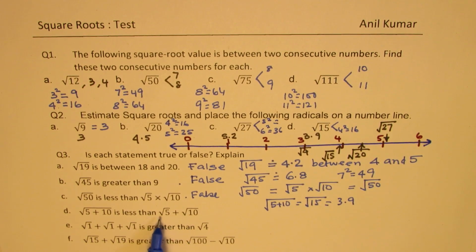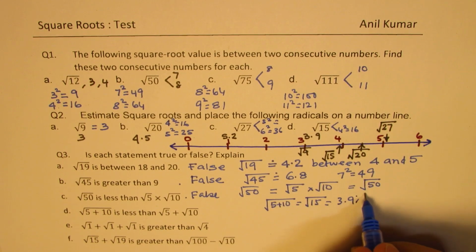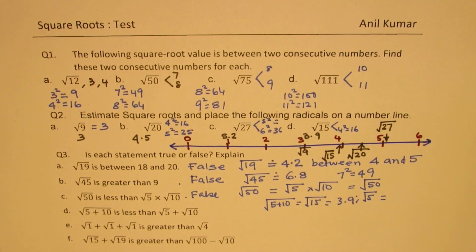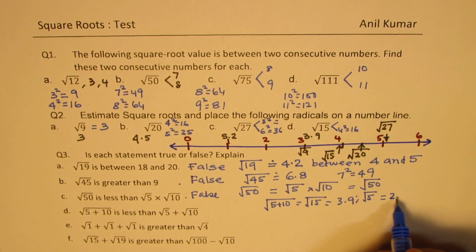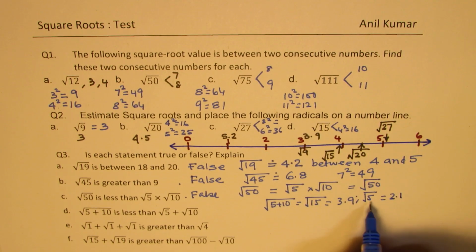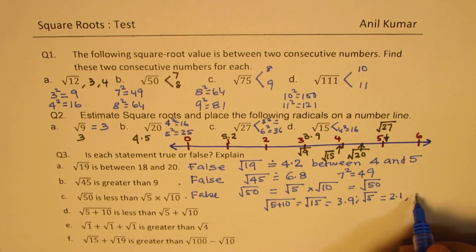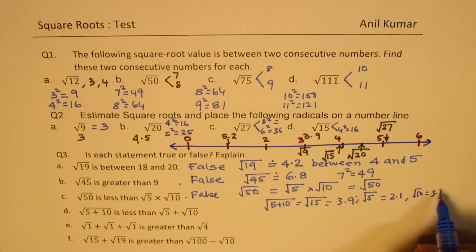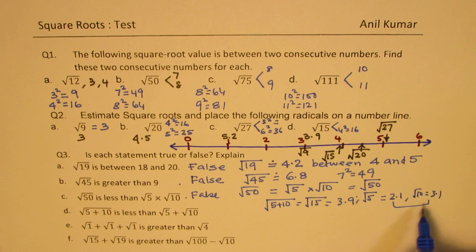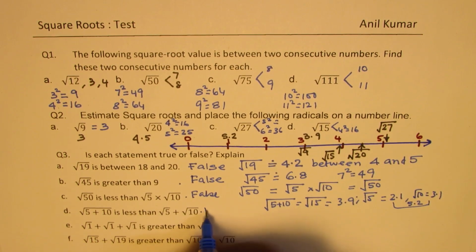On the other hand, square root of 5 is more than 2, let's say 2.1, because 2 squared is 4. Square root of 10 will be 3.1 because 3 squared is 9. When you add these two, you get definitely something like 5.2, which is greater. So this is false.